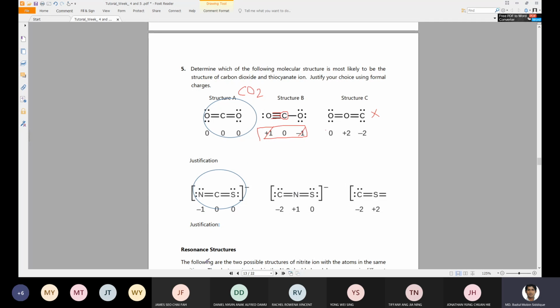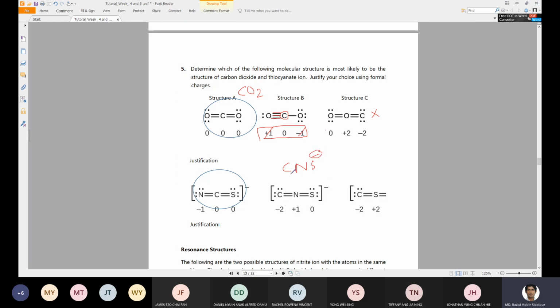And for thiocyanide, CNS, this is the thiocyanide ion, also the same thing. And there is a negative charge. So with this negative charge, one electron should be added.